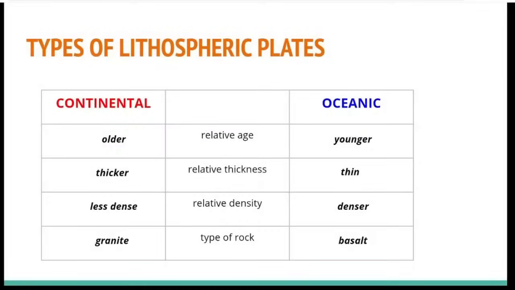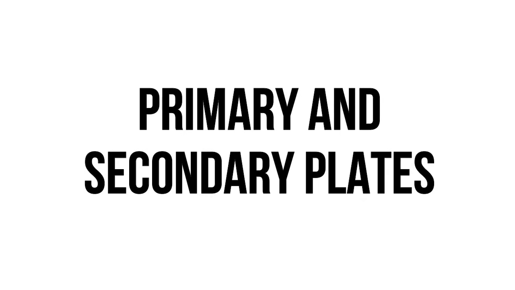So now you have already learned the basic differences between continental lithosphere and oceanic lithosphere. Let's now move on to the different types of plates. We have two types of plates. We have primary plates and secondary plates. Now, what do you think is the difference between the two?